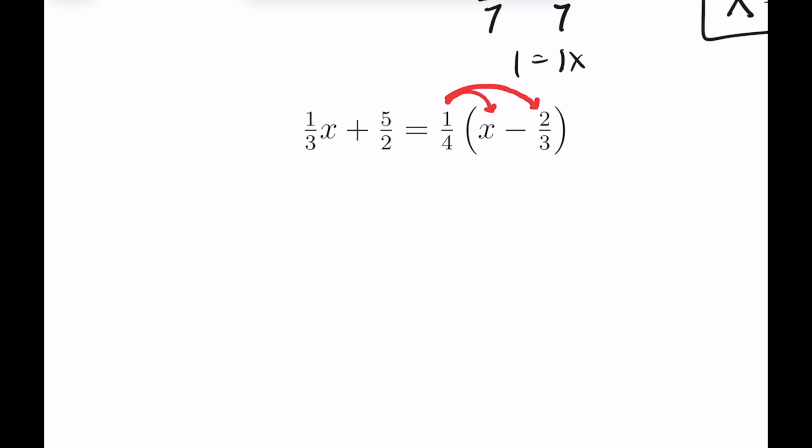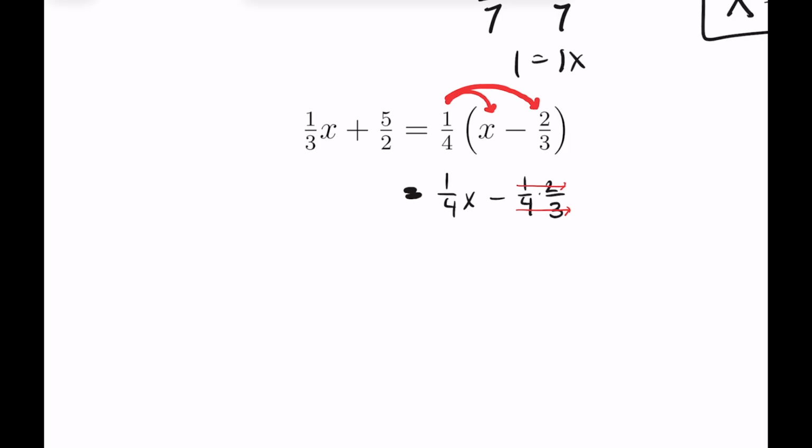Okay. So on the right hand side, what I've got is 1/4 x, and now I have minus, and I've got to take 1/4 times 2/3. Now when we multiply fractions, we actually just multiply straight across the top and straight across the bottom.